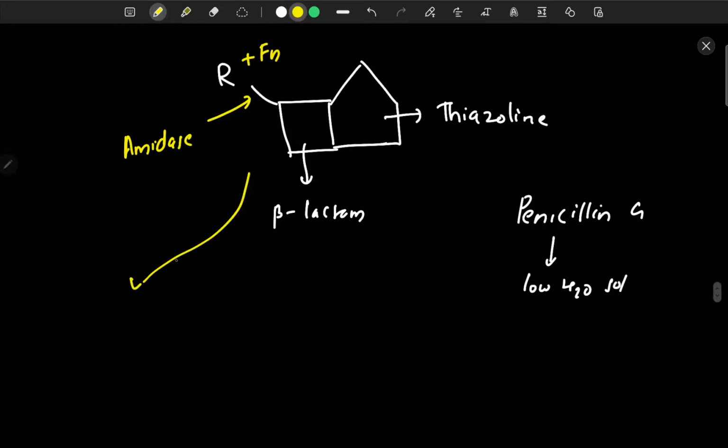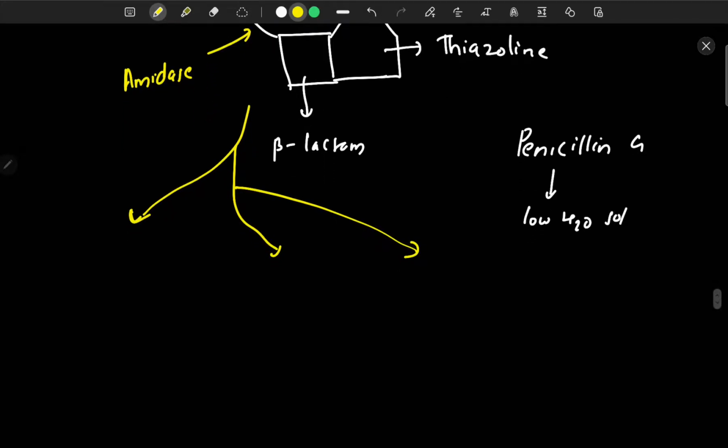Actually, three functional groups have been added. One is an amino group, another is a carboxy group, another is a ureido group.